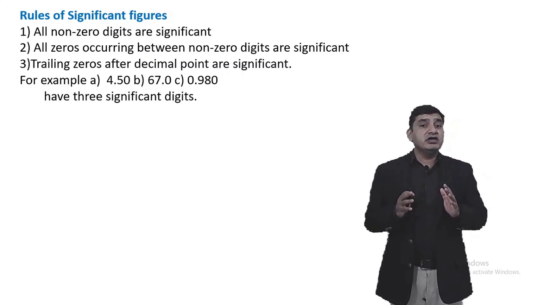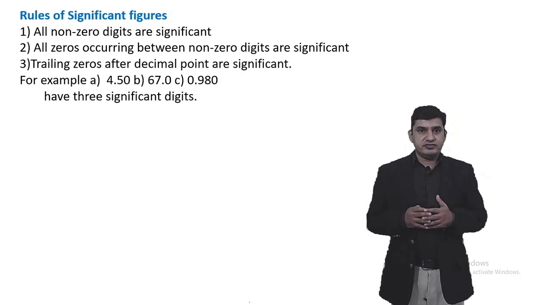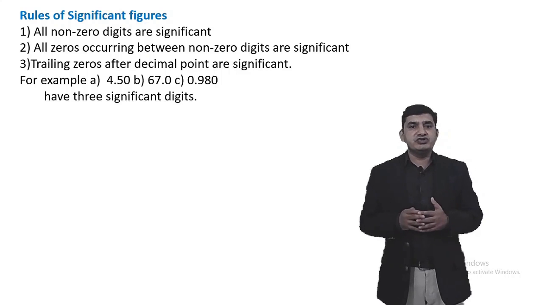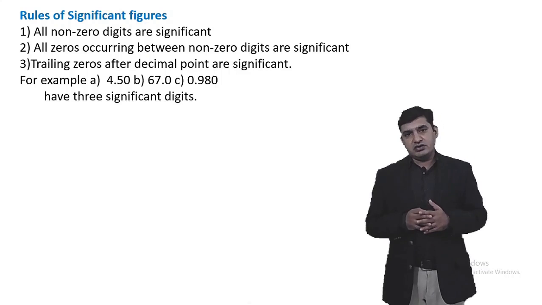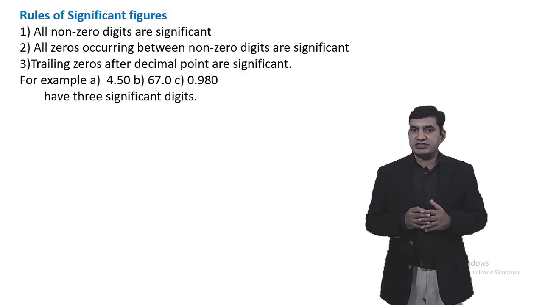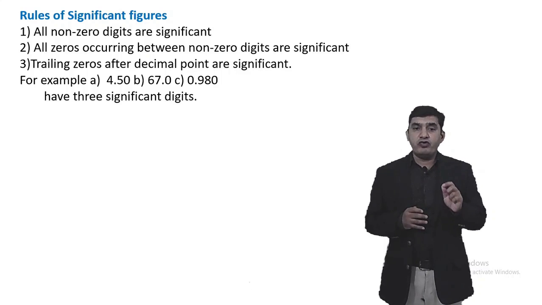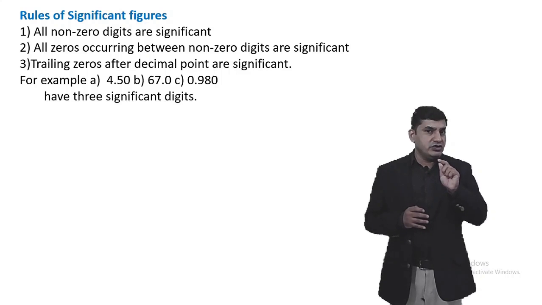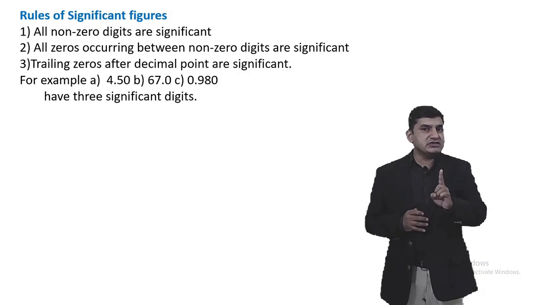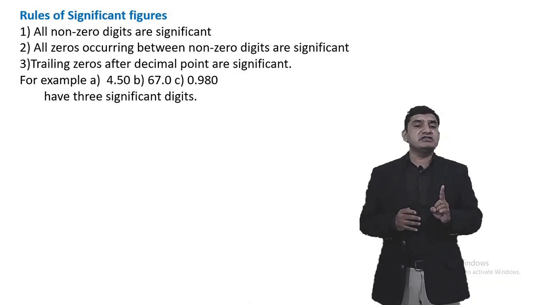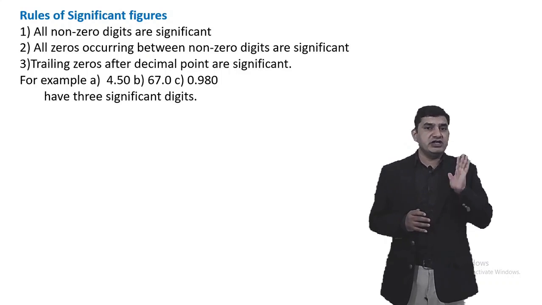The trailing zeros after the decimal point are significant. If you consider, for example, 4.50, the 0 after the decimal point has significance in a measurement and therefore is considered in a significant figure.